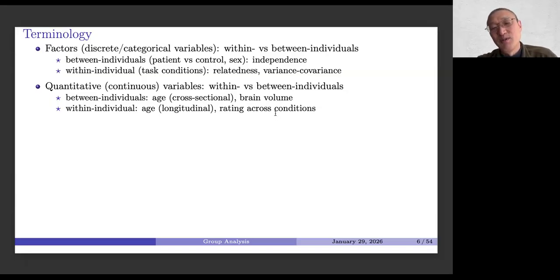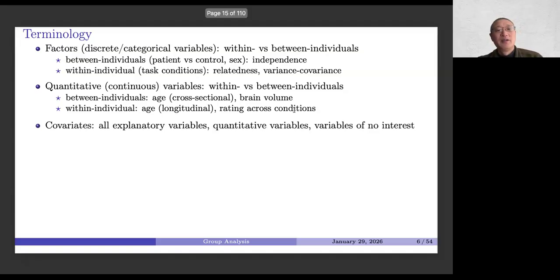Then sometimes people have other variables like a rating. Say you have 3 conditions: happy, sad, and neutral, and for each one you have a rating, I mean, how happy you are for that particular task. Then we have covariates, right? Covariates are usually variables of low interest. That term is also a little bit ambiguous and depends on the context.